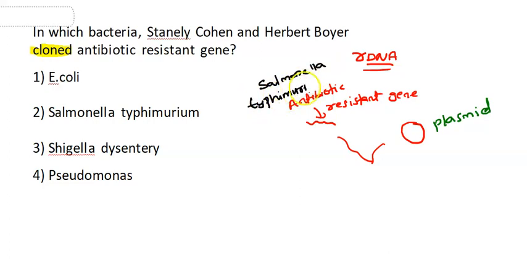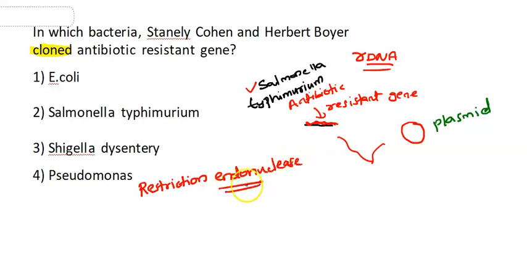I just represented here using a red ink the isolation of this antibiotic resistance gene from Salmonella typhimurium. For this we are using an enzyme called restriction endonuclease. What is the name of the enzyme? Restriction endonuclease enzyme. You are getting many points from this question.